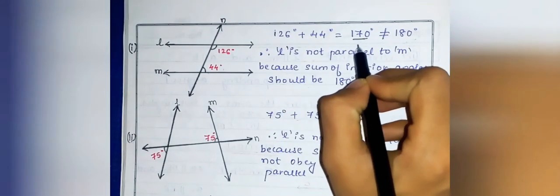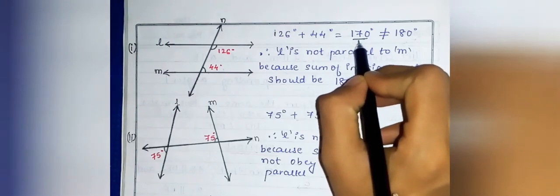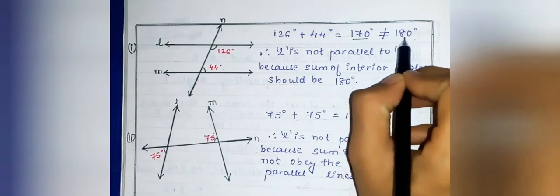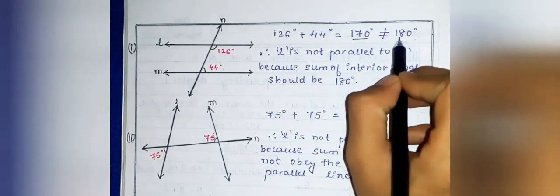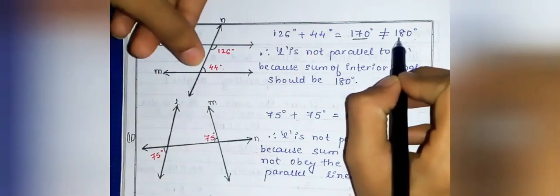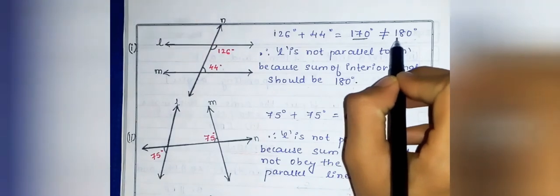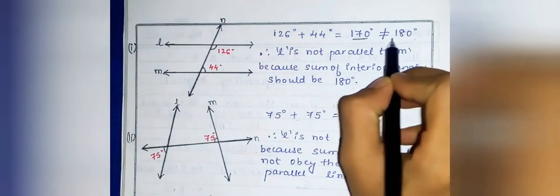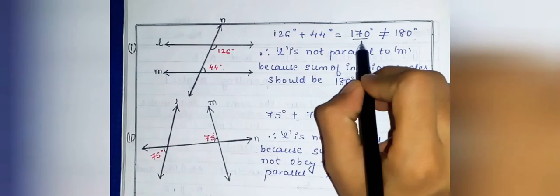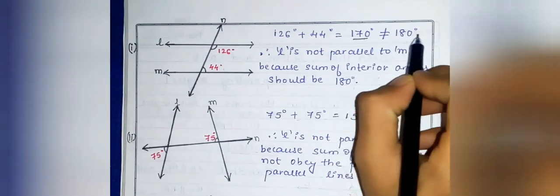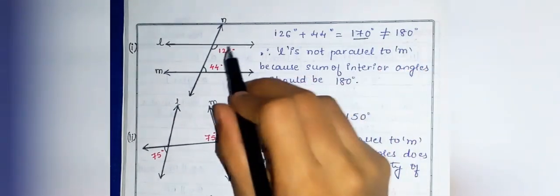If you add, your answer is 170 degree. Now we got 170, which is not equal to 180. To satisfy the property, the total should come 180. 180 आना चाहिए, but 180 नहीं आया, 170 आया.